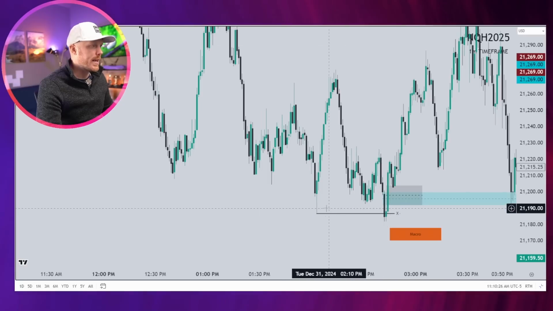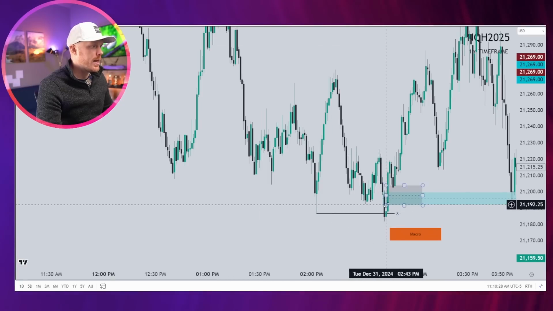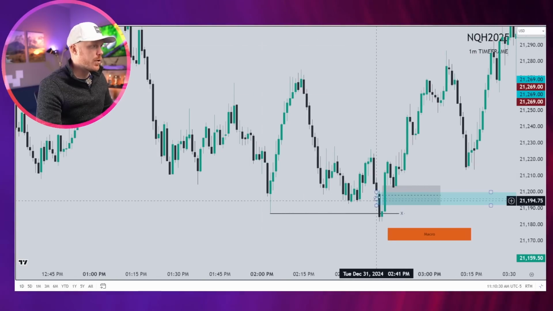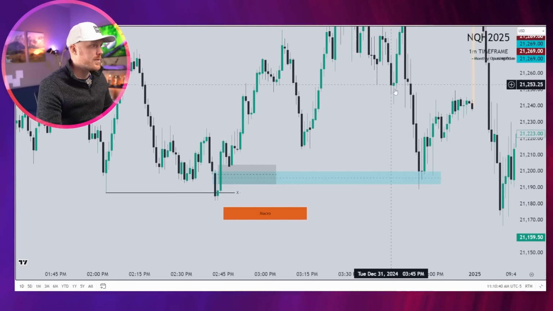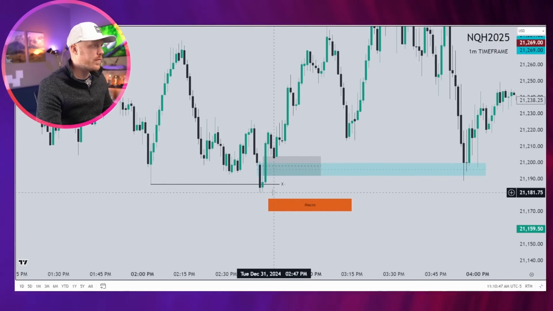We see the low taken, sweep of liquidity. We see our first inversion fair value gap and our first fair value gap created. Price comes into that fair value gap and then runs for the high. Price again comes into the inversion fair value gap, does not, I repeat, does not run the low of day.